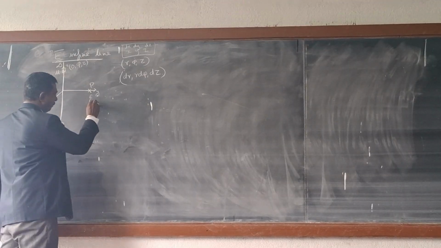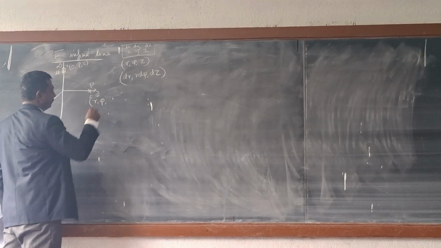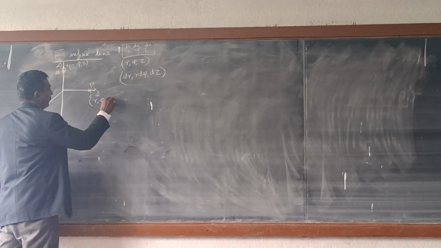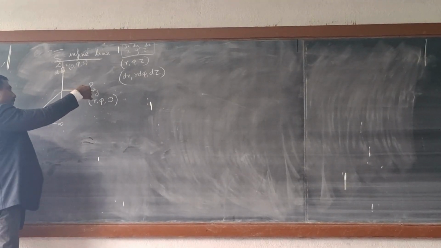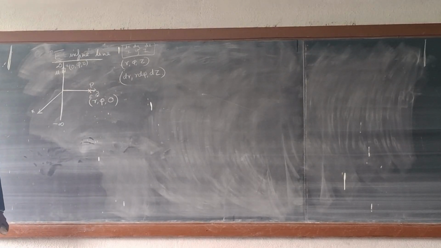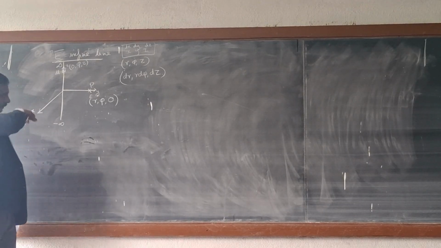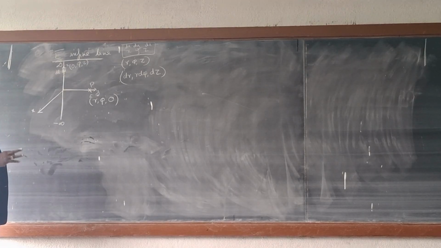So it is at some radius r, at some angle phi, but since it is on the plane, I can say height is 0. Okay. If you place anywhere, we can place it here or here, wherever you place, r should be some value, phi will be some other value, but since it is on the 0th plane, okay, z will be 0, right? So we have found the two coordinates.